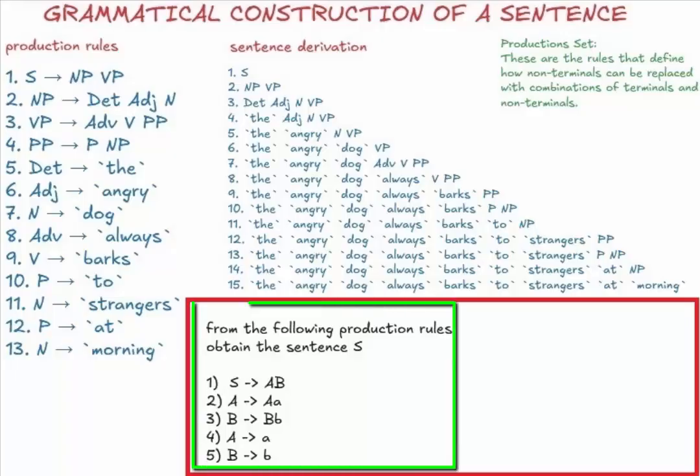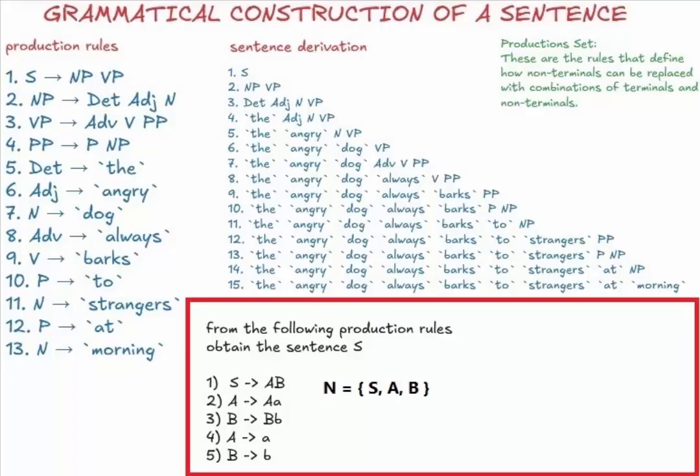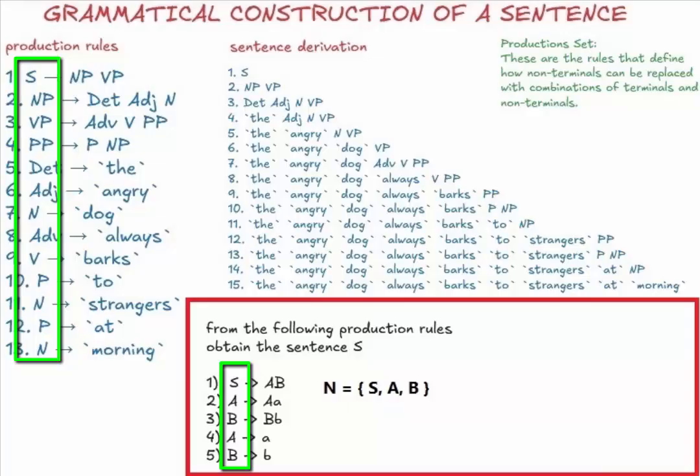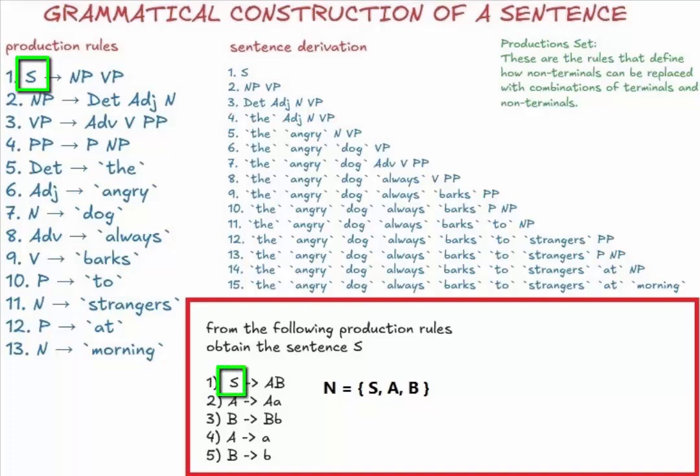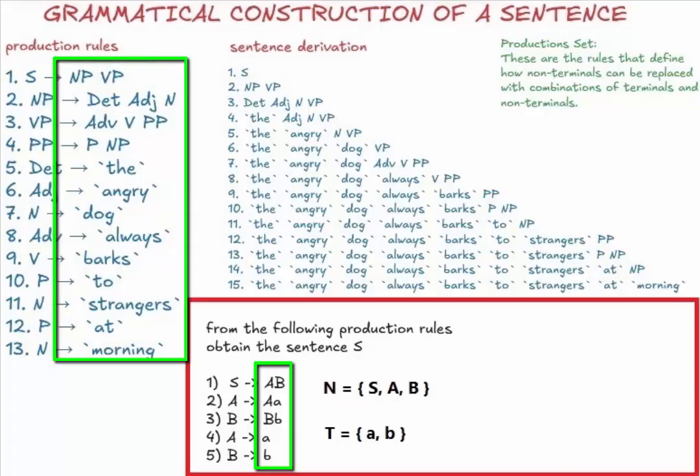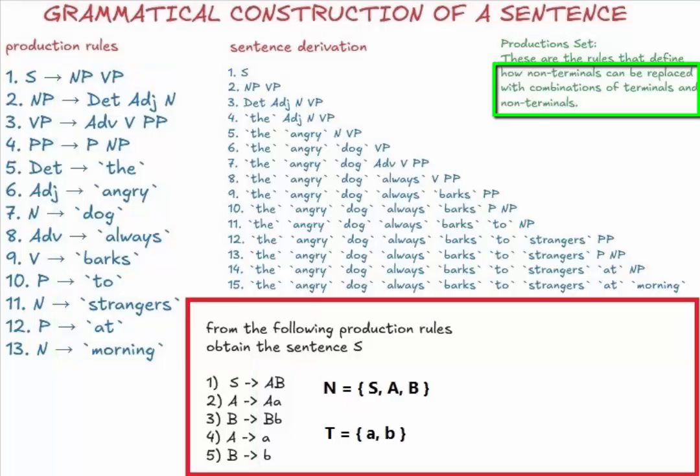For example, we have this other grammar and we need to obtain sentences produced by it. Implicitly, the production rules denote non-terminals that exist on the left side of the rule. Similar to the previous example, the capital S represents the start symbol along with capital A and B. Terminals are found on the right side, where each symbol is replaced by a combination of terminals and non-terminals.